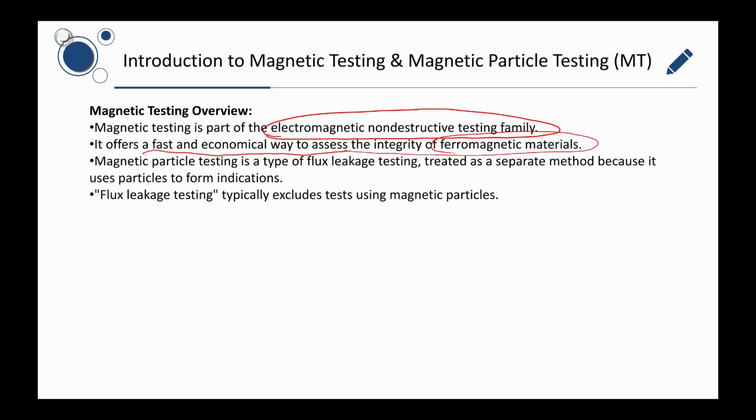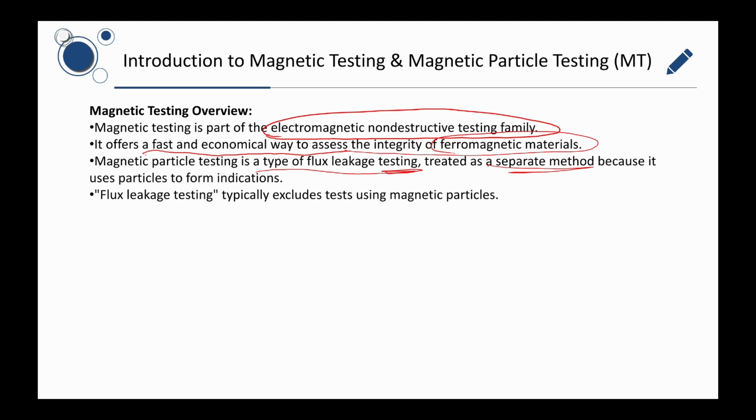Now, within magnetic testing, we frequently talk about magnetic particle testing. It's crucial to understand that magnetic particle testing is actually a type of flux leakage testing. However, it's so distinct and widely used that it's treated as a separate method within NDT, because it specifically uses magnetic particles to form visible indications of flaws.